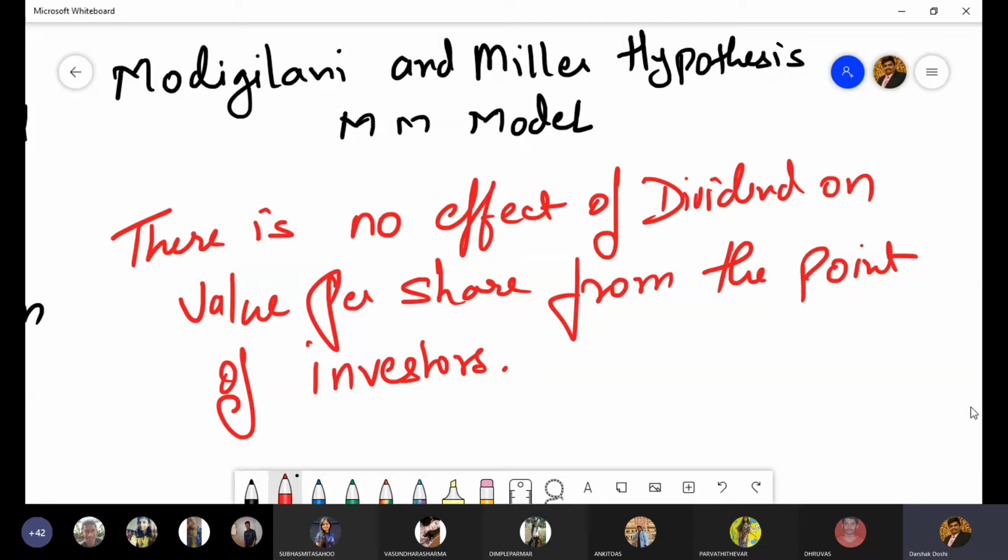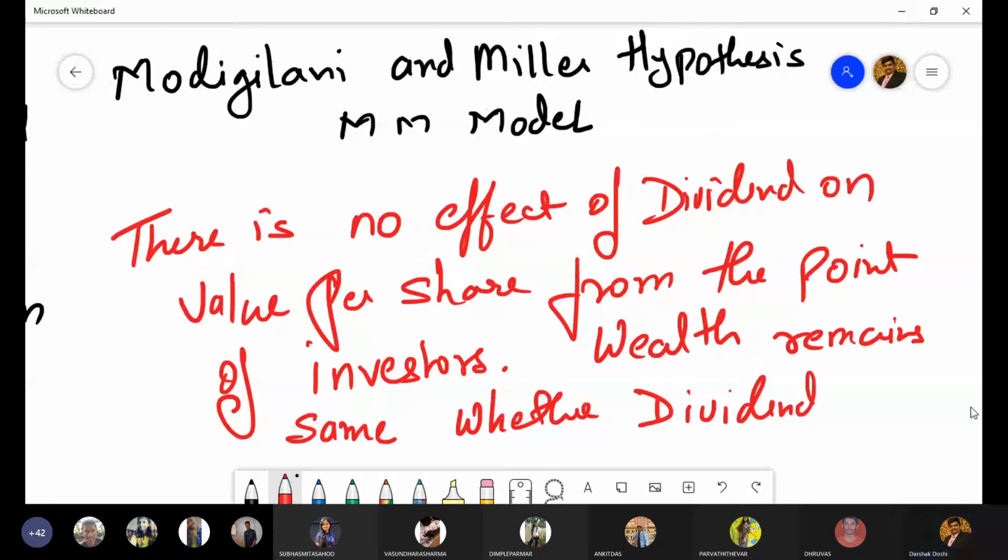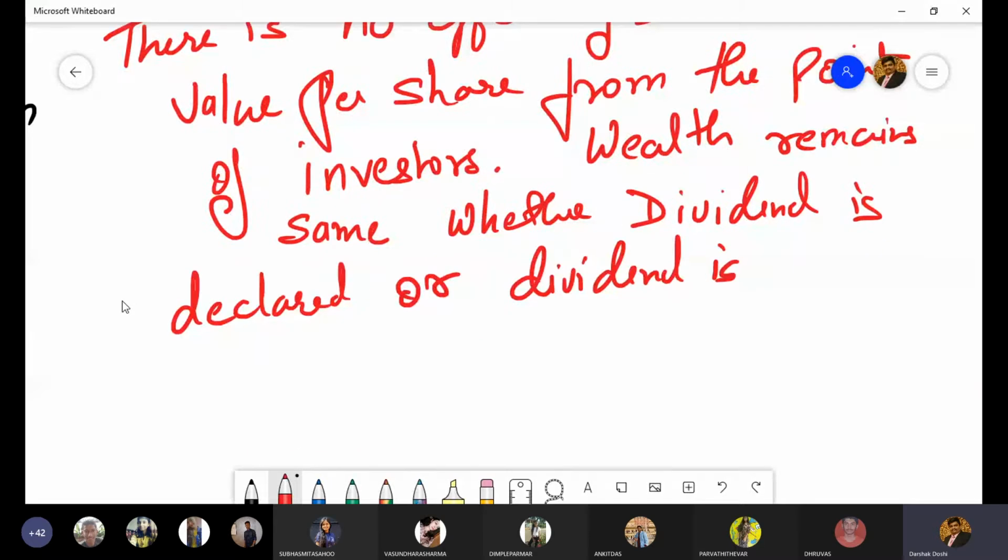They say that the wealth remains the same, whether dividend is declared or dividend is not declared.